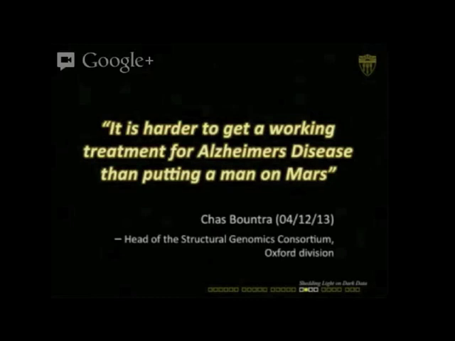He heads the Oxford division of the Structural Genomics Consortium, which tries to provide a pre-competitive space for drug discovery, and he's actually getting a lot of really supportive money from pharmaceutical companies who are willing to chip in to basically support data sharing at the stage before which drugs become competitive.